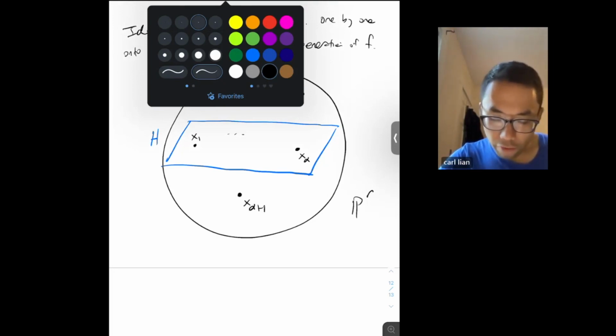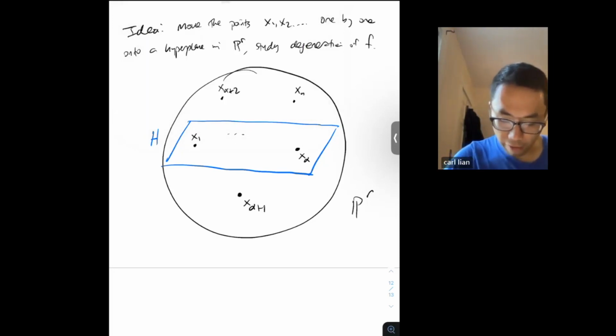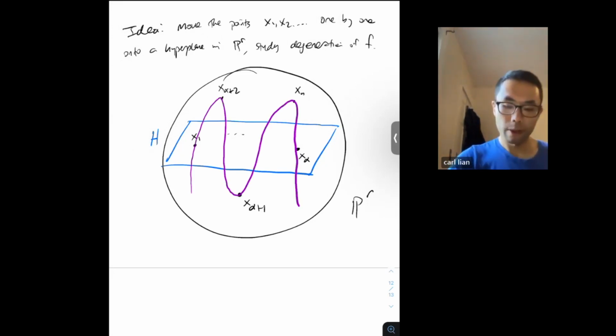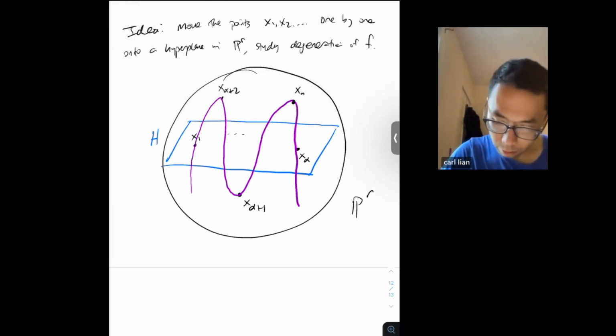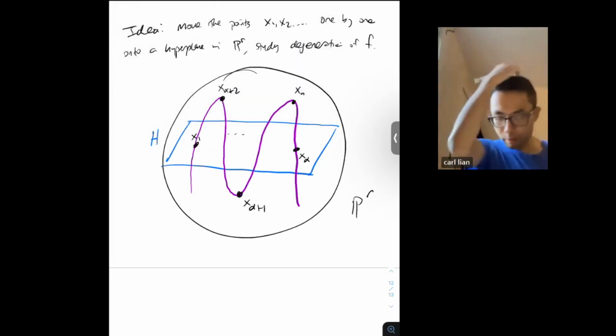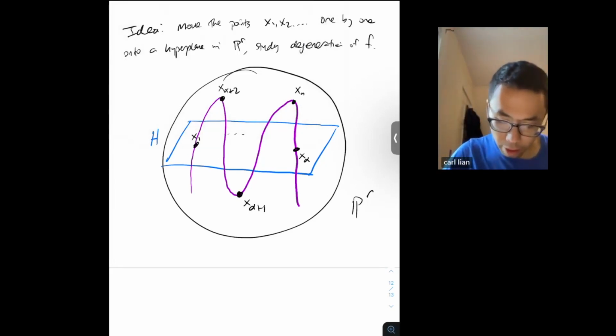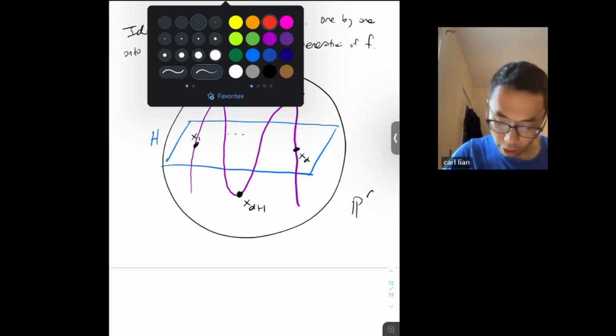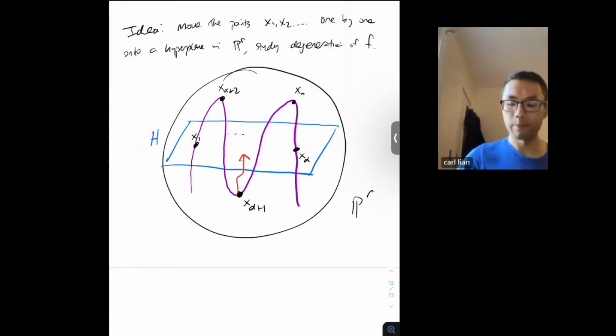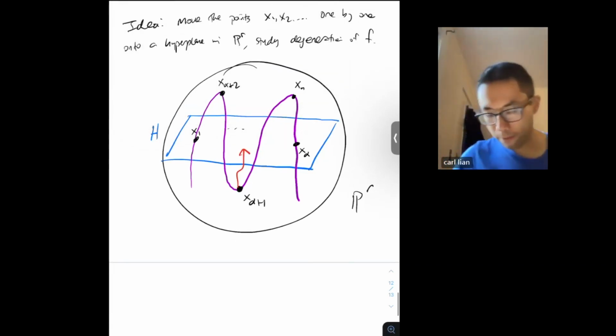Okay, so on the general fiber of this degeneration, I have some curve, and it passes through all n of these points. And then, as I said, I'm going to take this point and move it onto H. Now, there are two things that can happen.